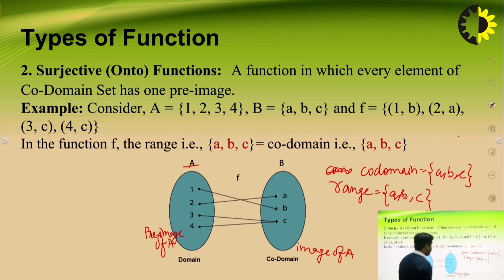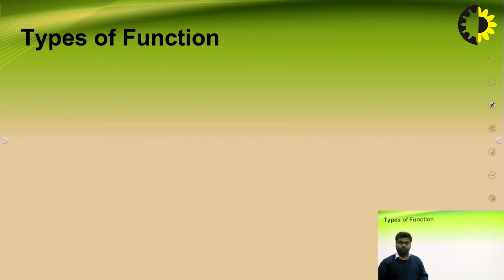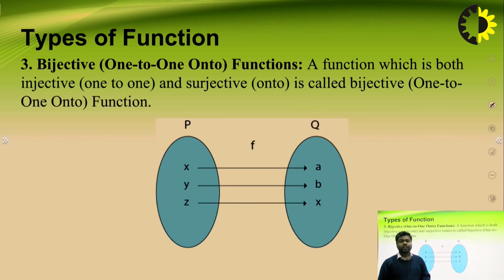So the codomain is equal to the range, and this is a surjective function. Now bijective, as I have told earlier, has both injective and surjective properties. So the codomain is equal to the range, and it is one-to-one.